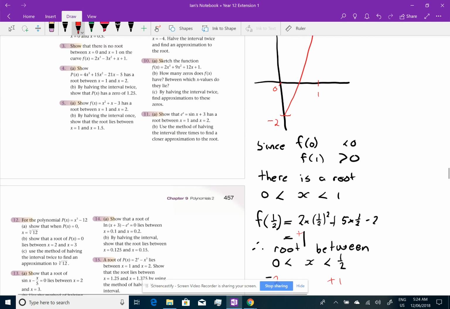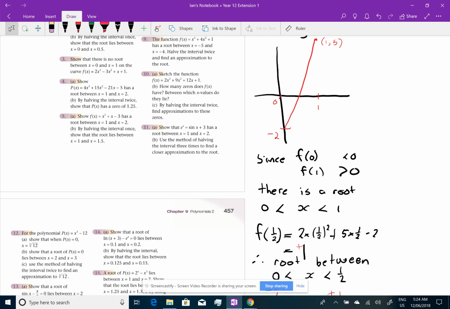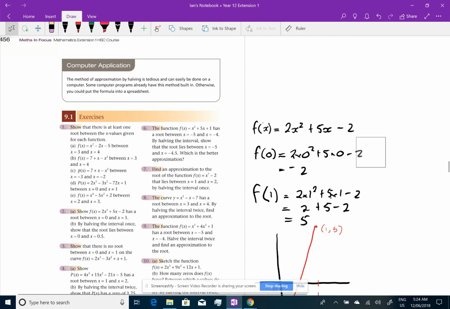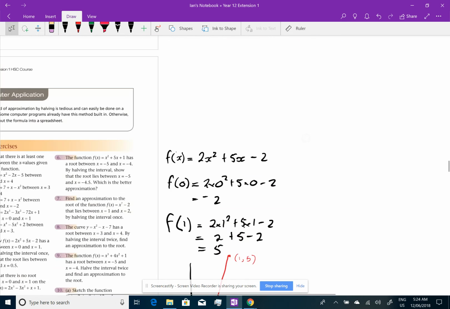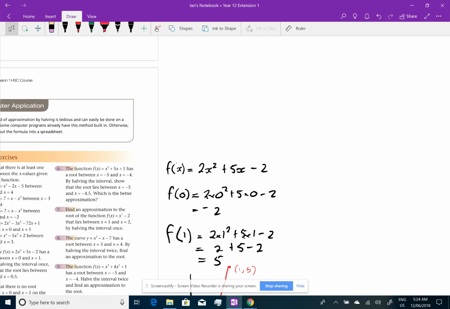Let's go on to question 6, which asks us to do 2 applications. I want to do 6 because it asks an interesting question. So that was question 2. Let's do 6.